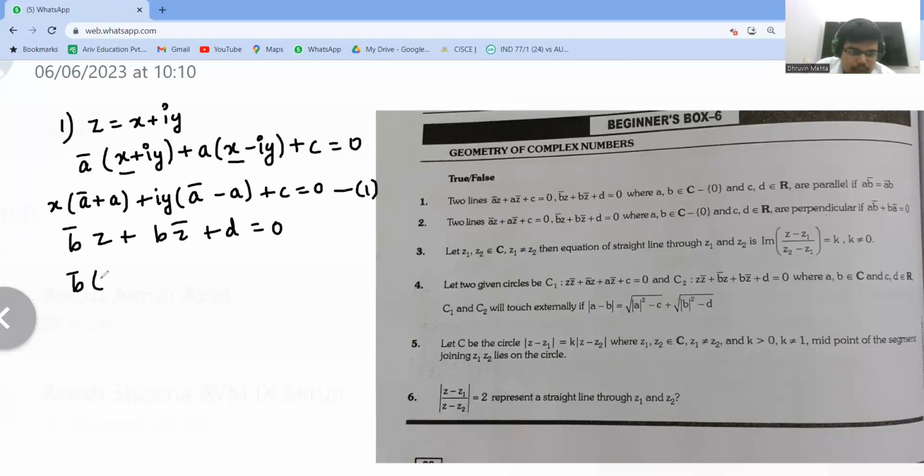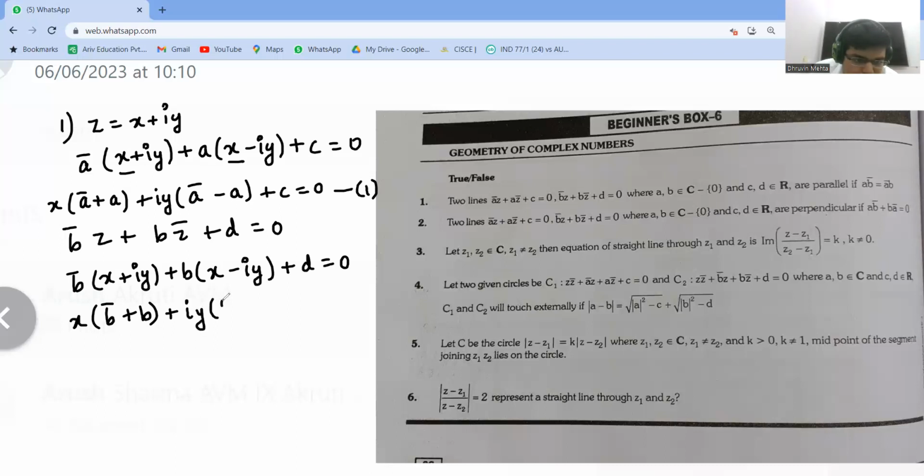So b bar into z is x plus iy, plus b into z bar is x minus iy, plus d equal to 0. तो अब यहाँ पे आरुष x कॉमन लेंगे तो ब्रैकेट में आएगा b bar plus b, and y कॉमन लेंगे, तो i y कॉमन ले लेते हैं, we will get b bar minus b, plus d equal to 0. This is the second equation.